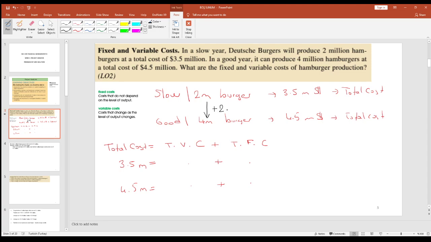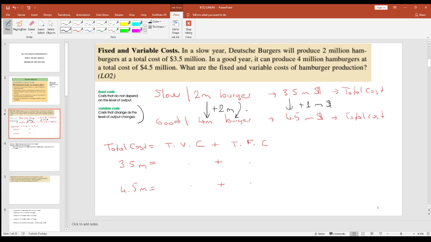That means if we increase the level of production by 2 million burgers, we need an additional $1 million cost. So remember the definition of variable cost, that it changes as the level of output changes. So this is the change in level of output and this is the required amount of funds.